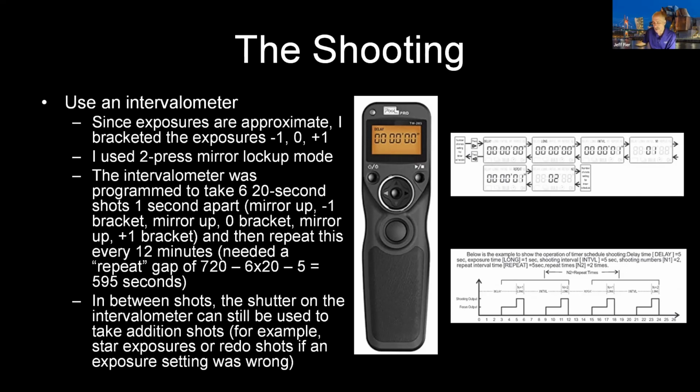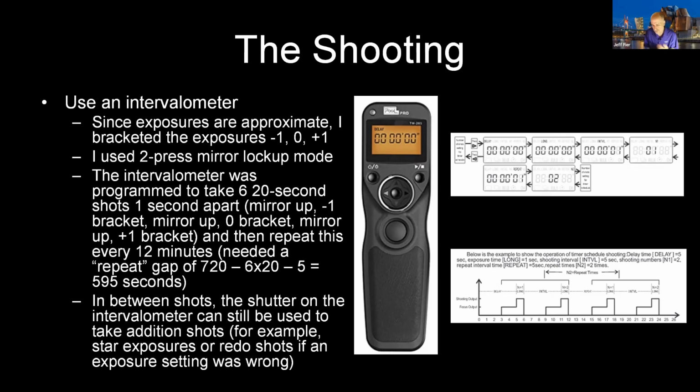And how I did it was I set the camera into its auto bracketing mode so that when you pressed the shutter, it would take the first exposure, you press the shutter again, it would take the minus exposure, press the shutter again, it would take the plus exposure. So it would do 3 different exposures with 3 successive shutter presses.